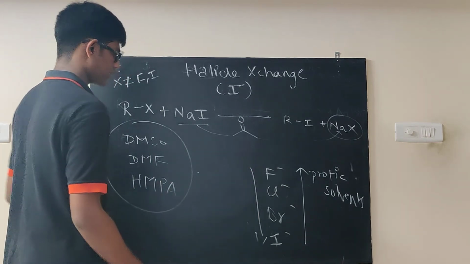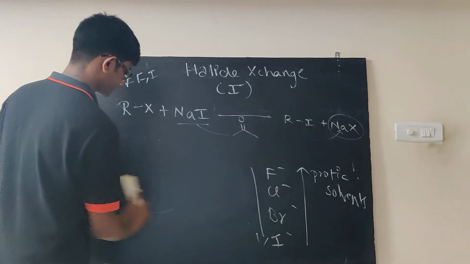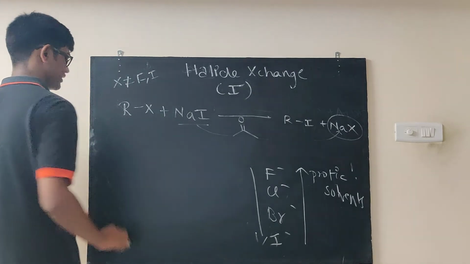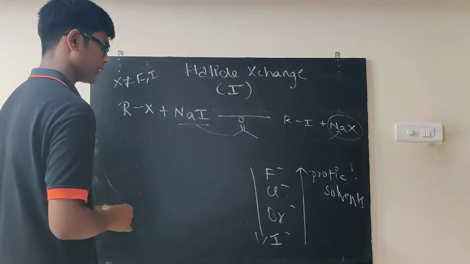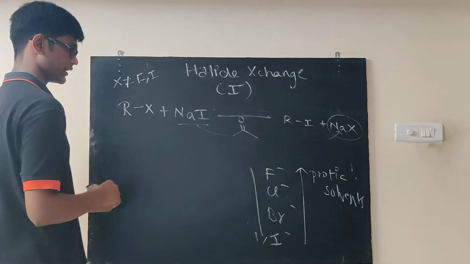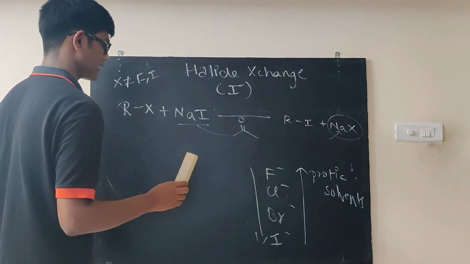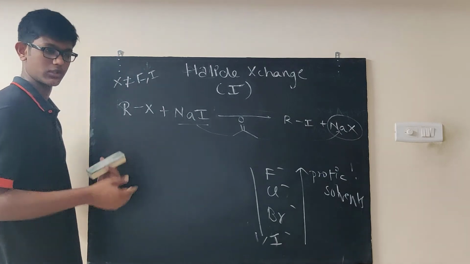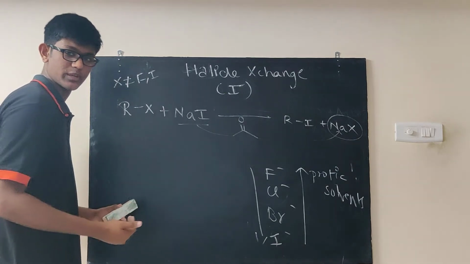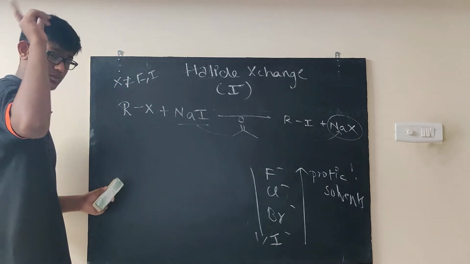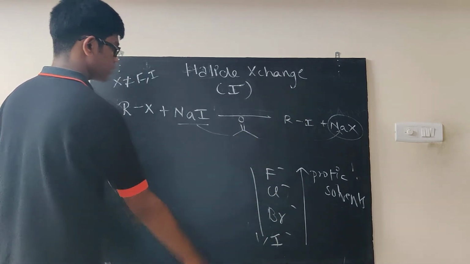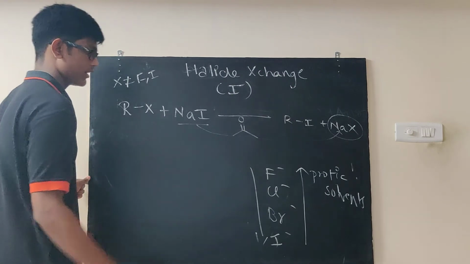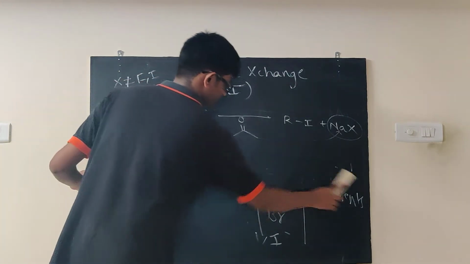Why is that true is out of your syllabus scope right now, so no need to go into that. I will maybe add that in the final video where I'm talking about iodine also. But for now, remember I told you in the previous video that only a stronger nucleophile can replace a weaker nucleophile, like the displacement reactions you learned. So this order actually shifts when you go from protic to aprotic. That's something you want to keep in mind.